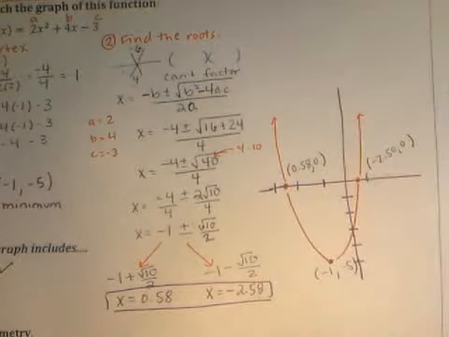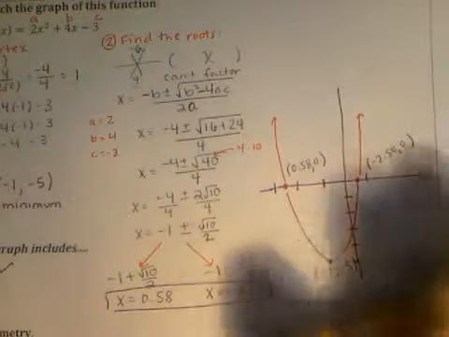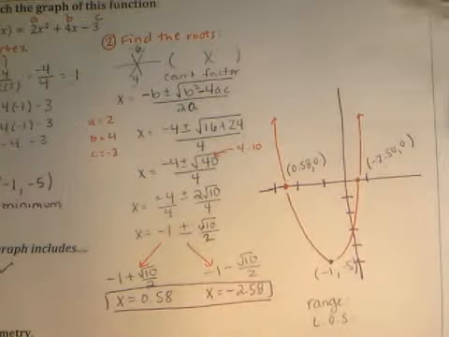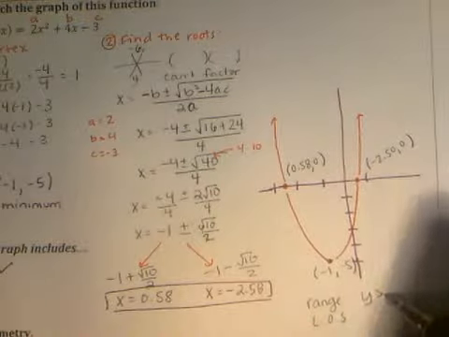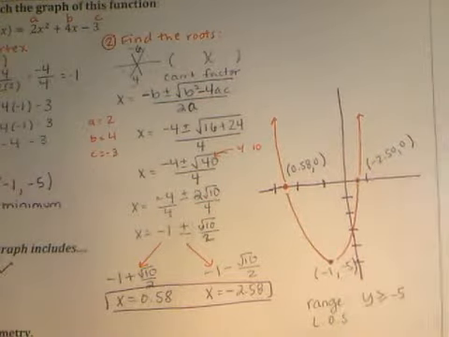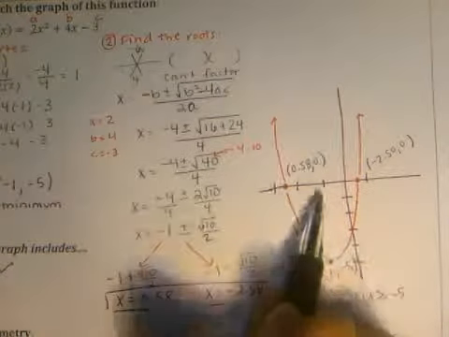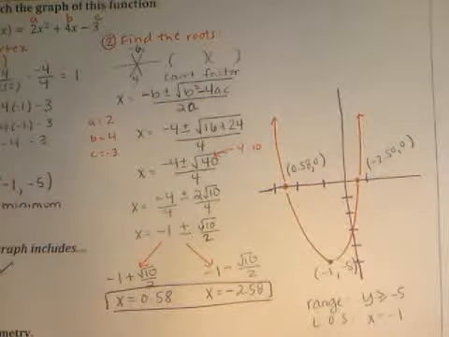And the last thing we want to do is we want to write the range and the line of symmetry. The range, remember, describes the y's, and the y values for this function are above or equal to -5. For the line of symmetry, we again look at the vertex, and the line of symmetry goes straight through the graph. In this case, it's at x equals -1.